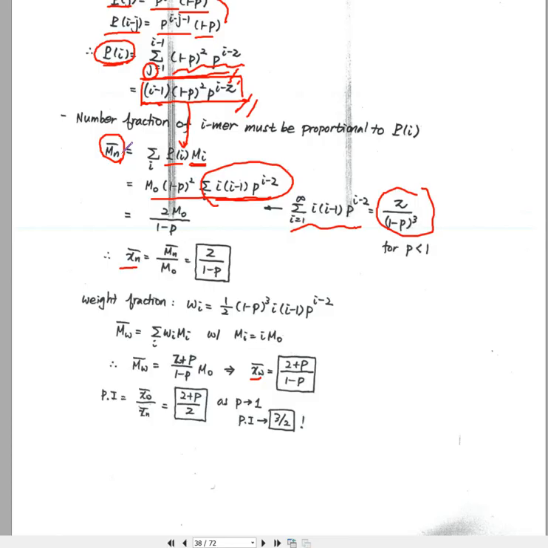If the free radical polymerization occurs by termination by combination, then the number average degree of polymerization is equal to 2 over 1 minus p, right? It's different, right? If the termination is by disproportionation, it was 1 over 1 minus p, remember from the previous slide.